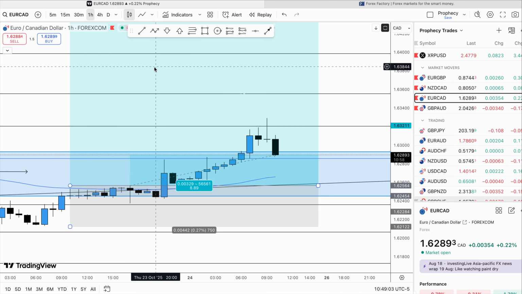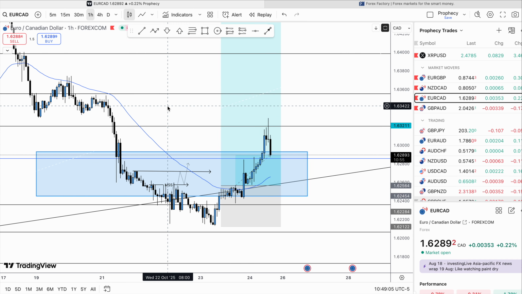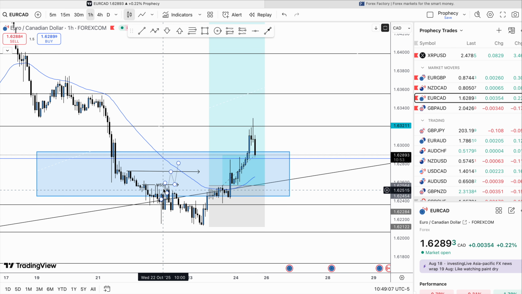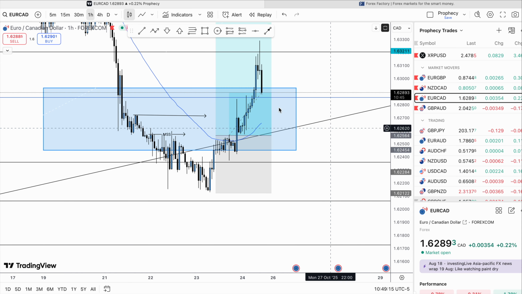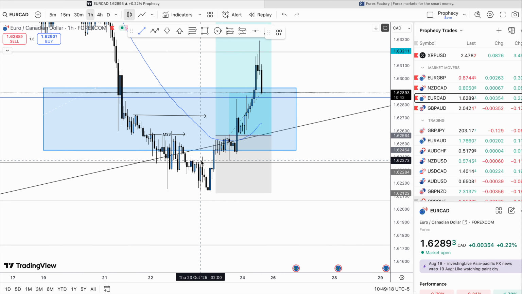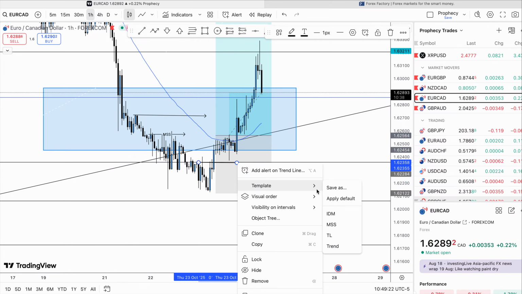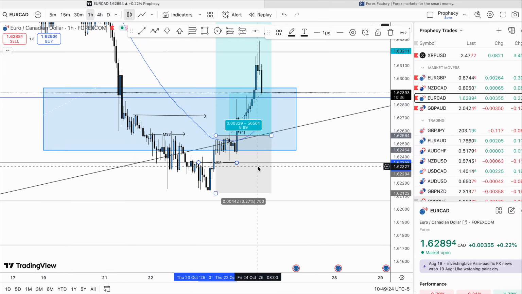So let me jump back down to the hour time frame. So we can see here there was a previous markup. I was looking for some market structure shift, and there was a market structure shift technically here. This is where the beginning of the market structure shift became present.